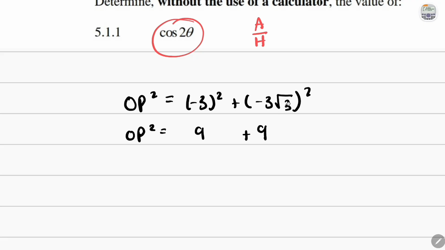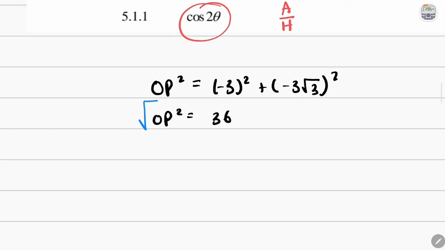And then the square root of 3 also gets squared, but that will break open that root, so we have multiplied by 3. 9 times 3 is 27. 27 plus 9 is 36. So this is what we have. And then if we square root both sides, of course, positive and negative, but OP is a length, so we can only consider the positive, meaning OP equals 6 units.